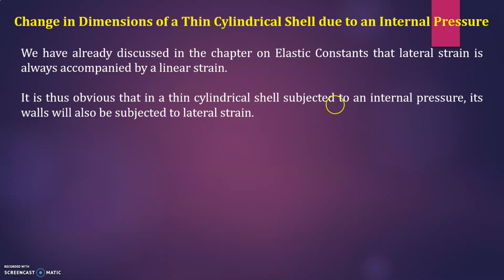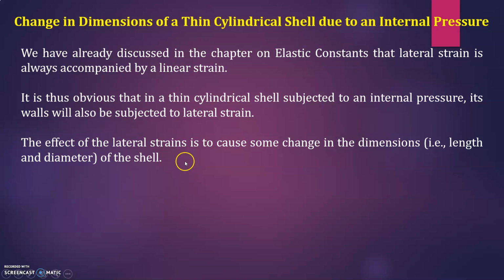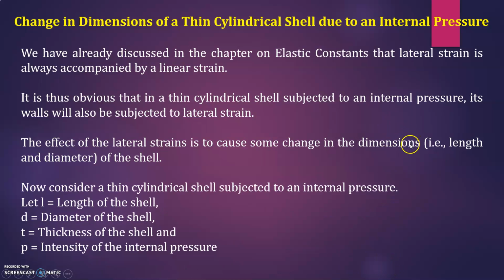So if there is a linear strain, there will always be lateral strain also. The effect of the lateral strains is to cause some changes in the dimensions, that is the length and diameter of the shell.